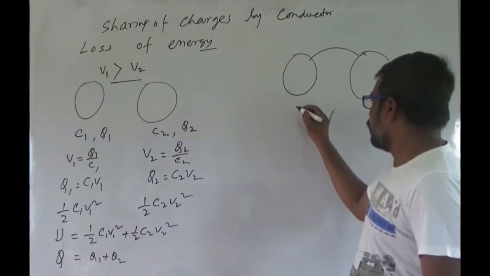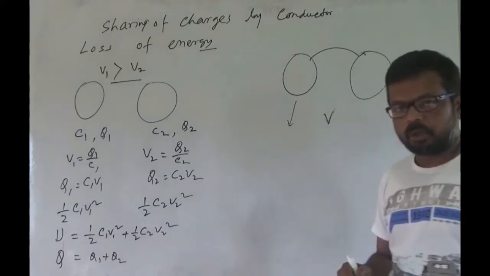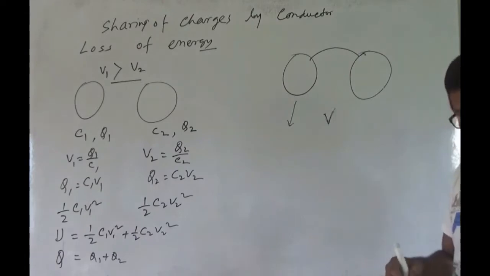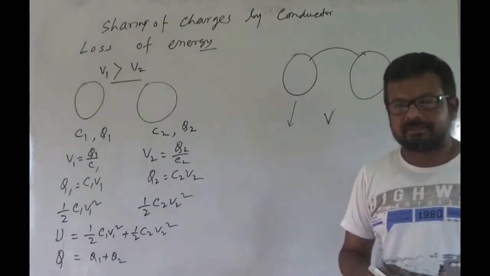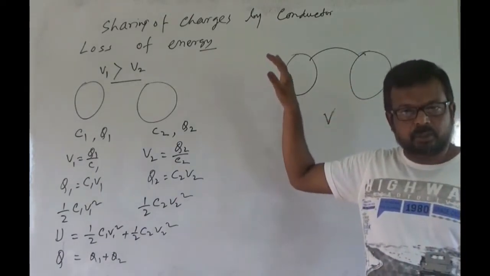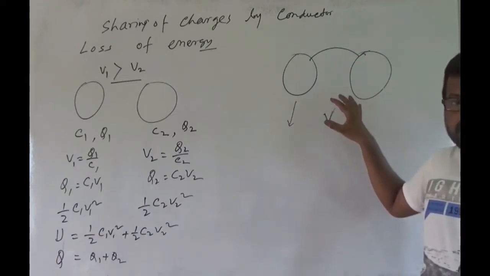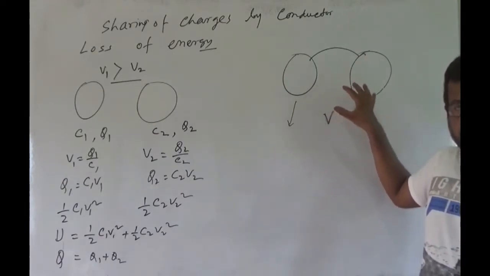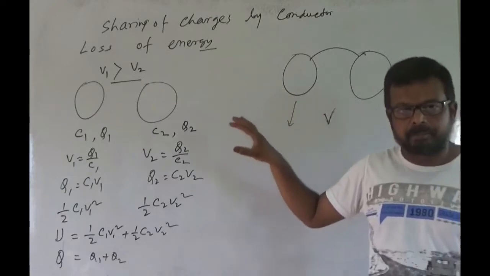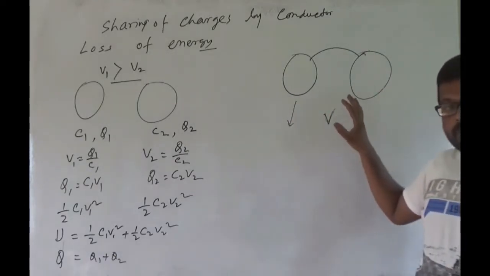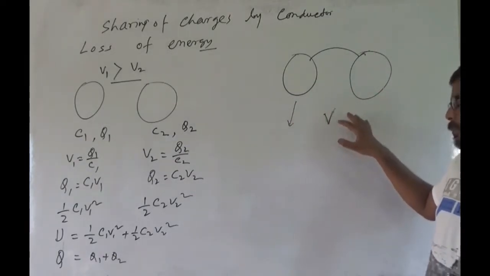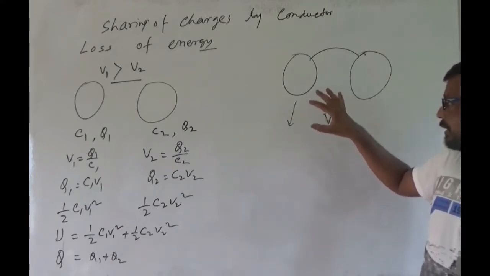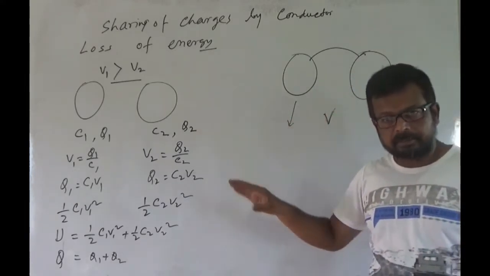Now, what will be the charge of each conductor after sharing of charges? This sharing of charges completes when the potential of both conductors has the same value, and this common potential is V. Now we can say there is an equilibrium here.